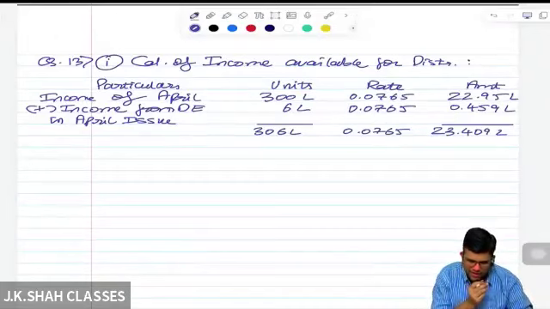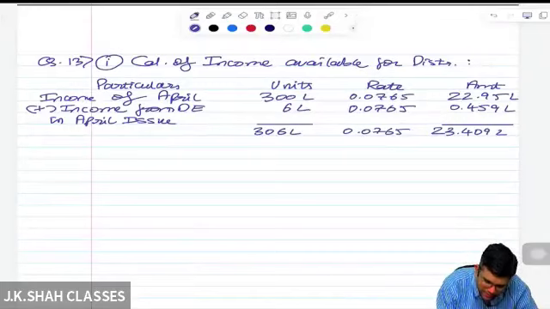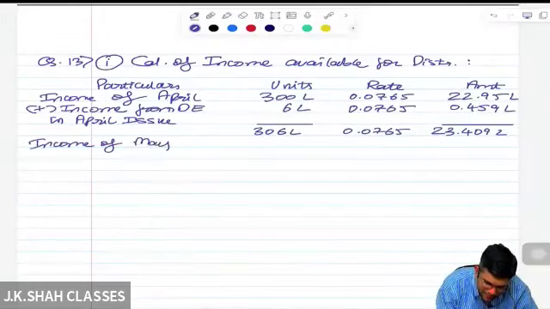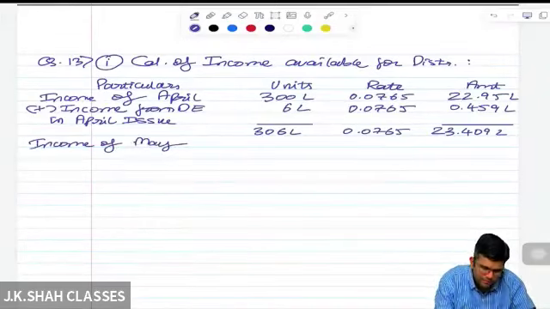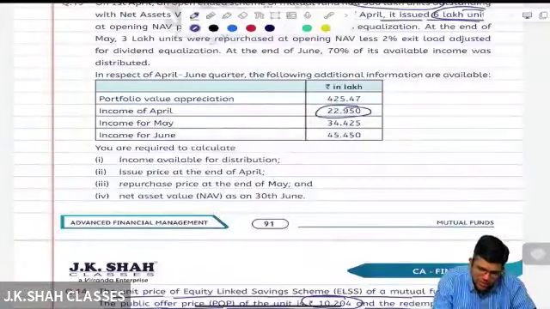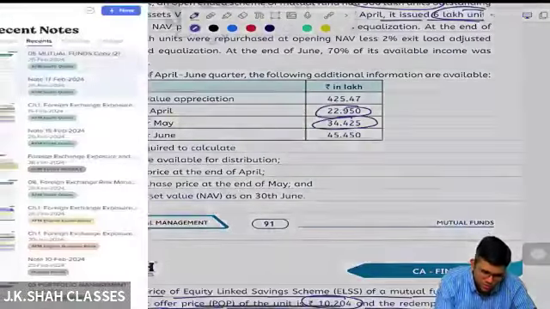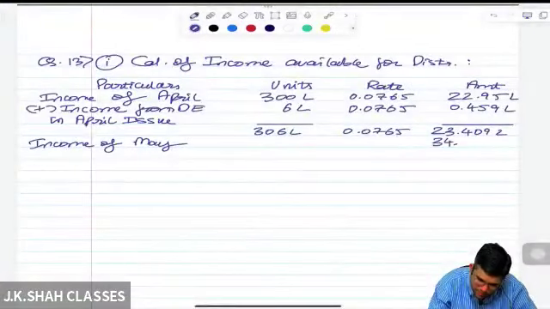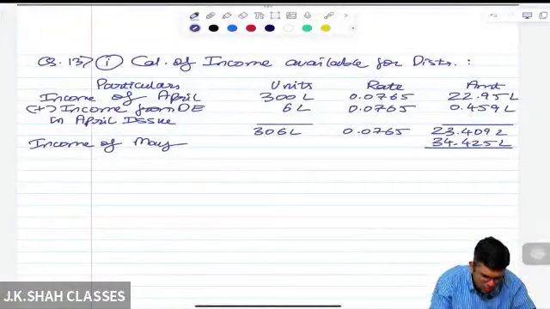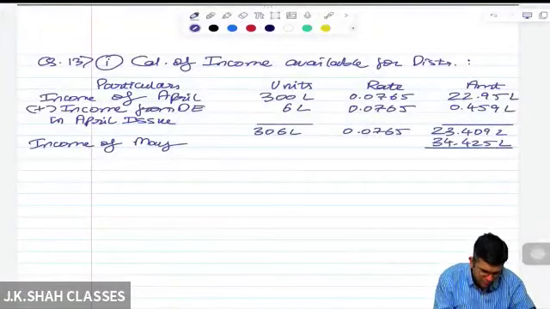And then we enter into the month of May. Can I say in May you will get some income? So we'll write here income of May. How much income are you getting in May? 34.425 lakh. So that gives you a total of 23.409 plus 34.425.